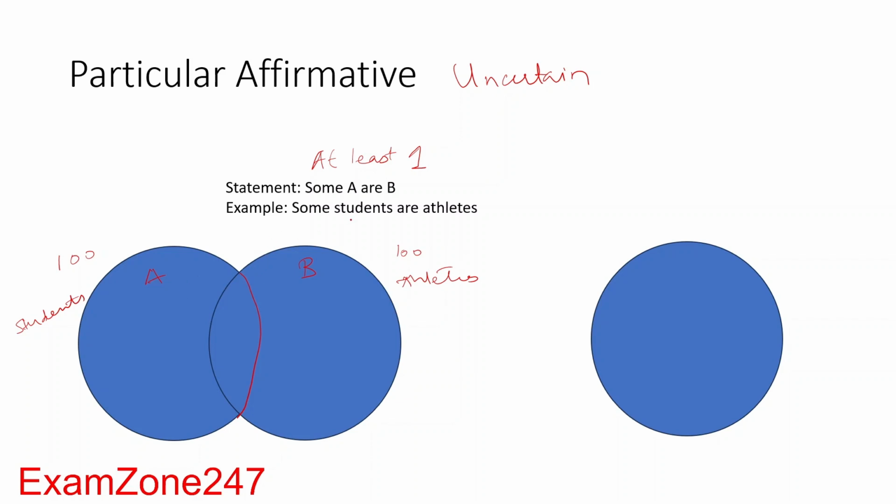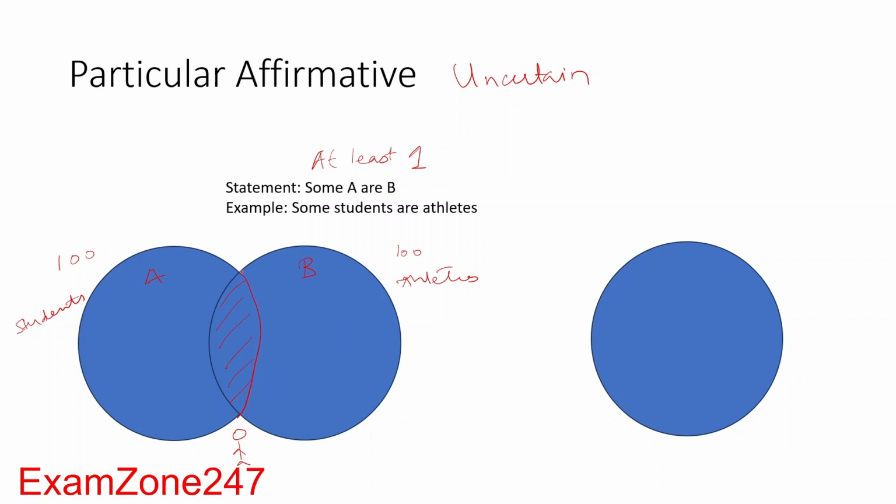Now some students are athletes, so this part here which they have shared, to show this statement as true, some students are athletes, you have to show at least one student who is an athlete. Then only this statement will be true, that some students are athletes. Yes, they share, and this is the one which is student and which is also athlete.